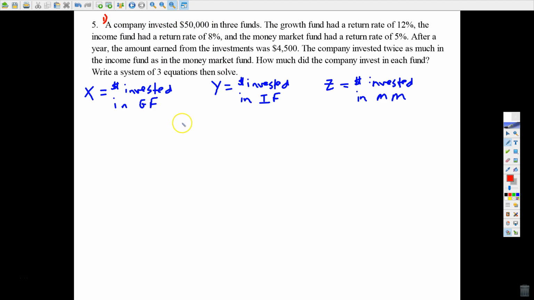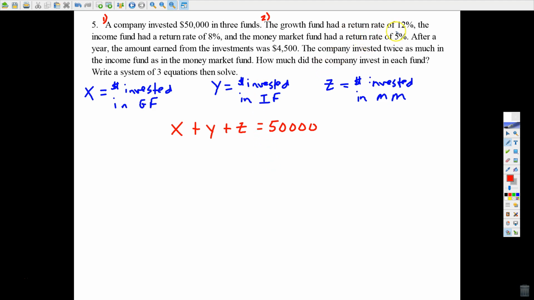So if we take the amount invested in growth, the amount invested in income, and the amount invested in the money market, and we add those up, we get a total of $50,000 according to that first sentence. Okay, now the next sentence will give us information about another equation.